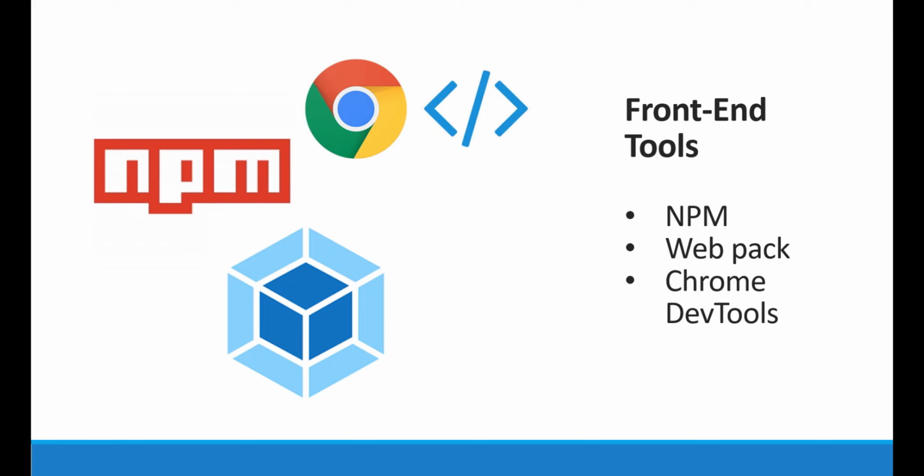Then you have your Chrome DevTools, which gives you a powerful set of tools for inspecting and editing your code. With DevTools, you can quickly find and fix any errors in your code. DevTools lets you measure the performance of your pages.